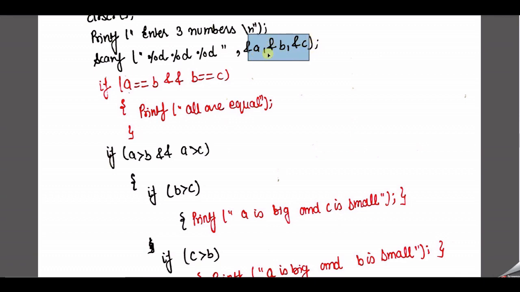If I write B first, then A and then C, what happens? For example, I enter the numbers 10, 9 and 11.